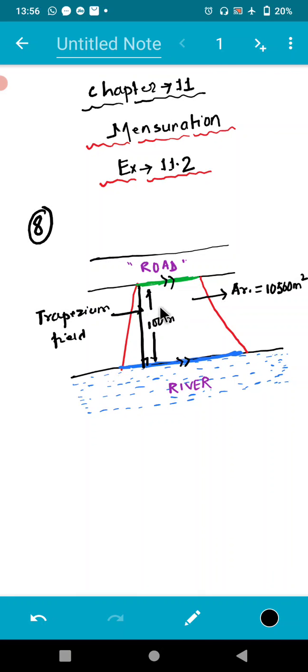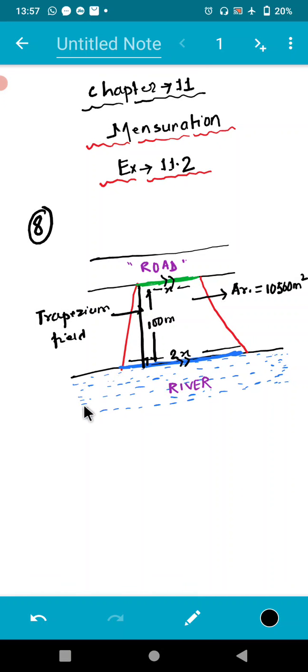That means, in simple language, if the side along the road is x, then the side along the river would be 2x, just double. Our main objective is to get the length of the side along the river.